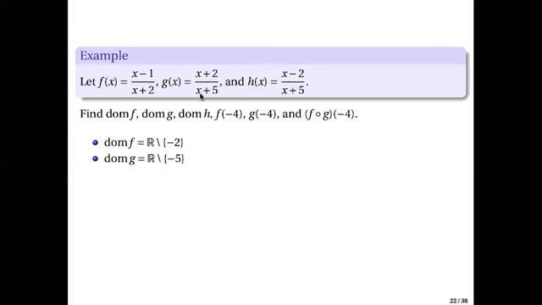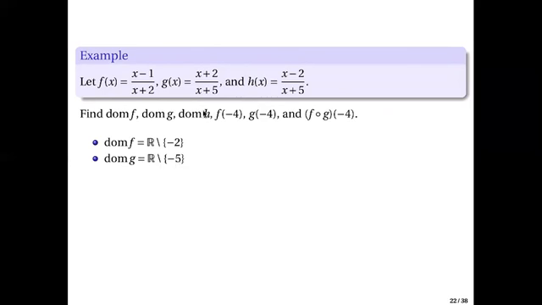The denominator is x plus 5. We don't want our denominator to be 0, so we take away x equals negative 5, because when x equals negative 5, the denominator will be 0. Therefore, the domain of g is the set of real numbers except negative 5.